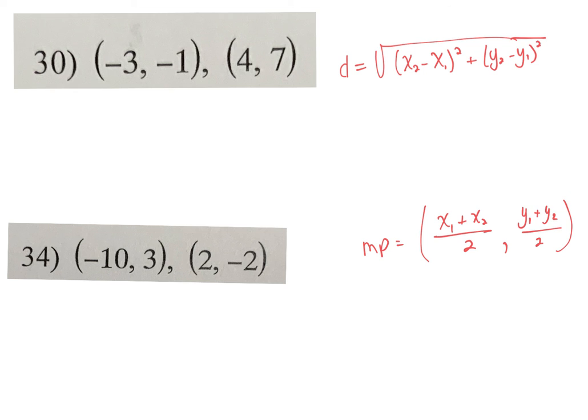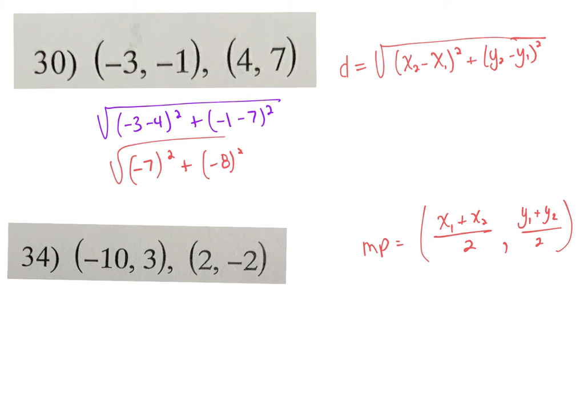All right, so if I plug this in, I'm going to get negative 3 minus 4 squared plus negative 1 minus 7 squared. All right, negative 3 minus 4 gives me what? Hopefully negative 7. And then negative 1 minus 7, negative 8. All right.